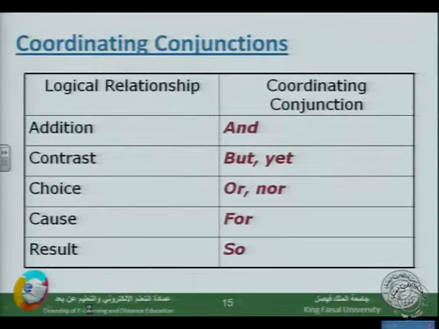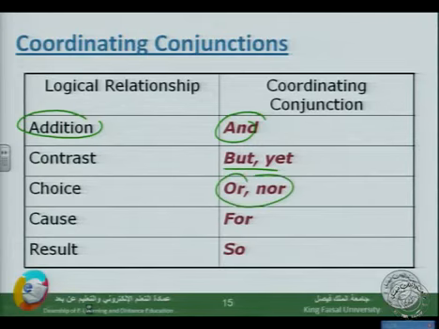Here we have some coordinating conjunctions. If you want to say like in addition, to add something, you say and. To contrast something, to say but or yet. Choice, or nor. Cause, for. For example, I came here for teaching English. Okay, result.